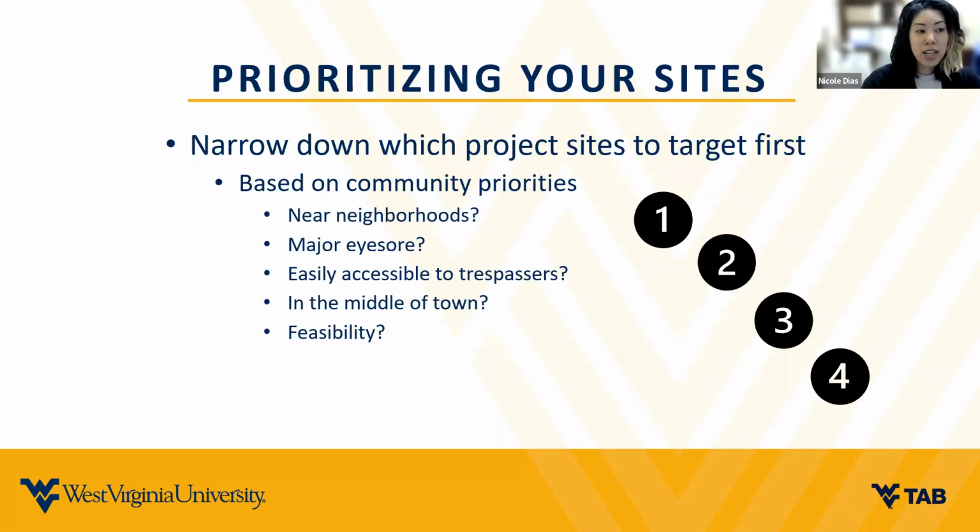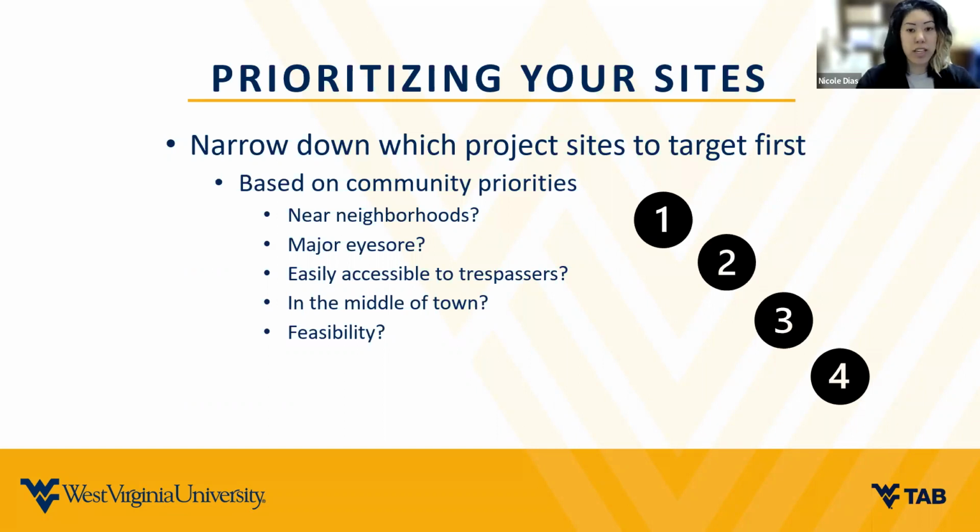Once we have our inventory of sites and we have them mapped, then we need to narrow down which project sites to target first. If your community has possibly 20 brownfields, we cannot do 20 brownfield site projects at one time. So we will prioritize those based on the community's priorities. They vary by community. Some communities will choose to do brownfield projects that are possibly just the most feasible and easy.